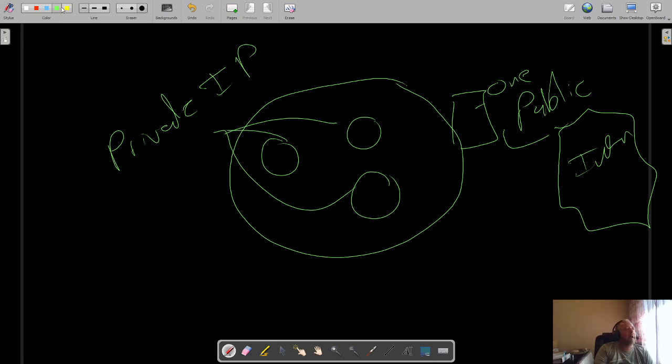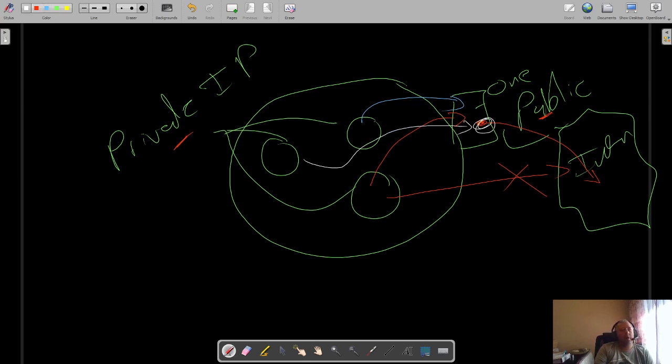So now if a device wants to connect to the internet, it doesn't connect straight to the internet. No, it connects to the little device that will convert that private IP address into a public IP address, and then that device will connect to the internet. So all the PCs connect to this device, and you have one connection connecting to the internet.